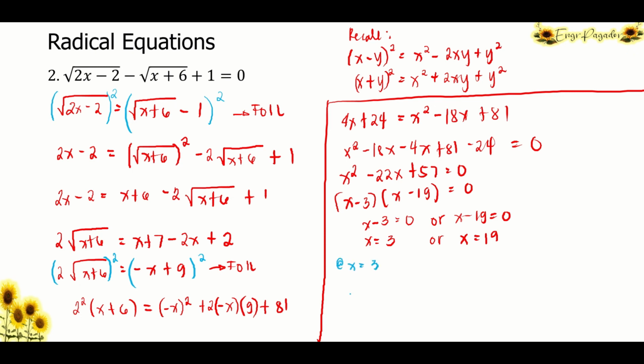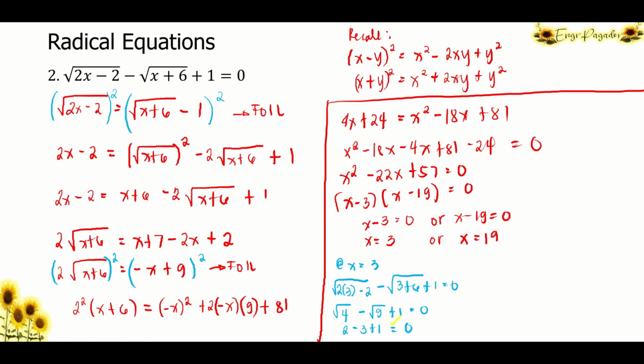Okay, so at x equal to 3, so that will be equal to square root of 2 times 3 minus 2 minus the square root of 3 plus 6 and then plus 1. Okay, 6 minus 2 is equal to 4. So 4 minus the square root of 4 minus the square root of 9 plus 1. And this should be equal to 0. Okay, so this is 2 minus 3 plus 1 and this is equal to 0. So, tama yung ating 3.